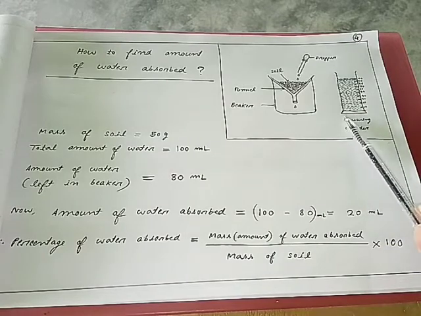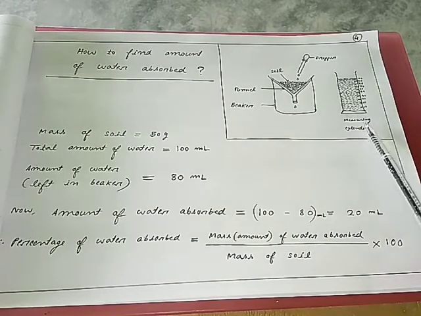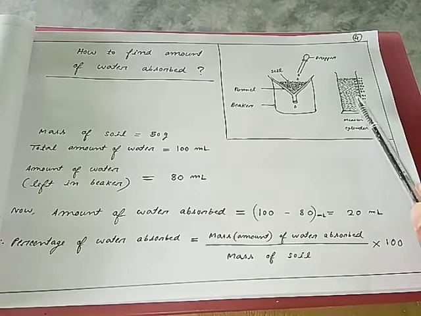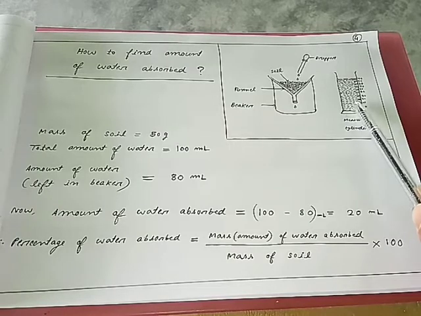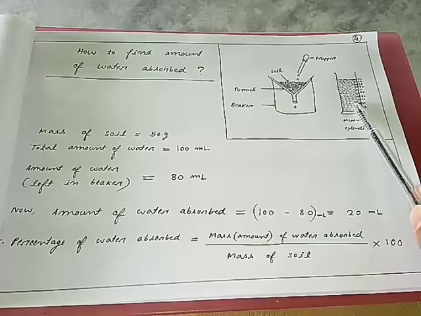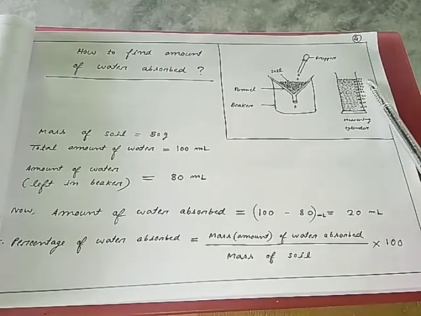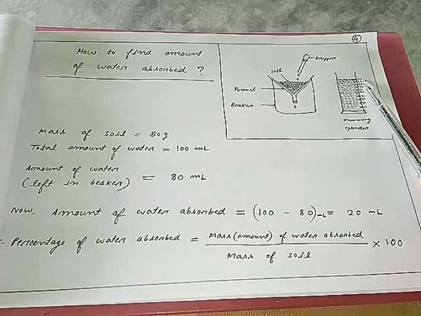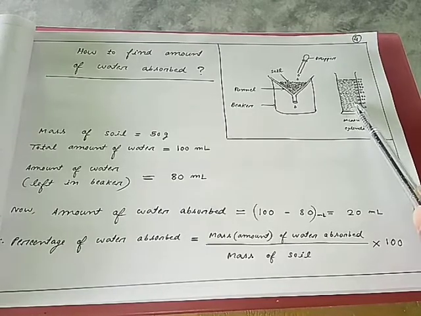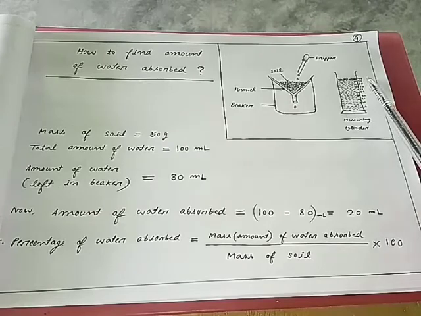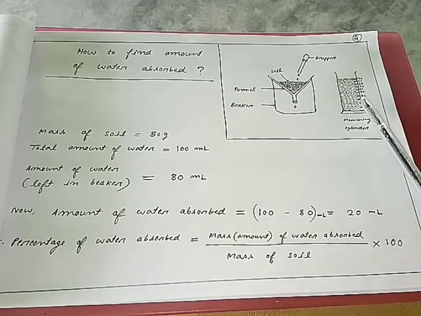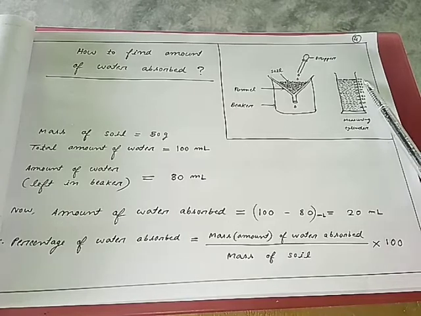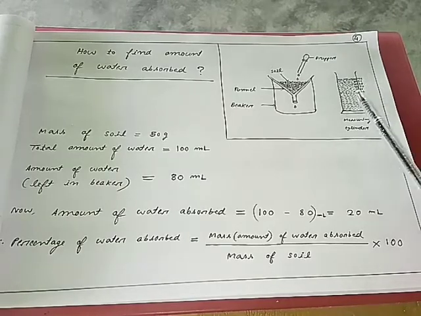So you can see this is a measuring cylinder. In this measuring cylinder, you fill up the cylinder with water up to 100 ml, which means you are taking water of 100 ml volume.